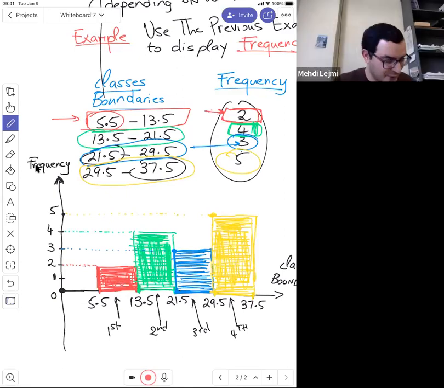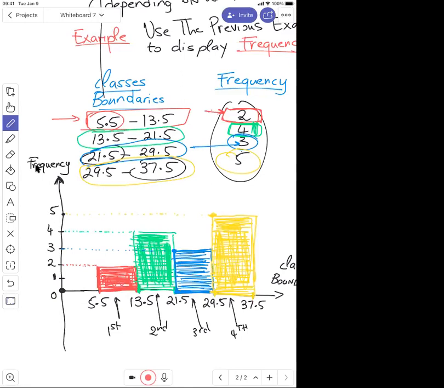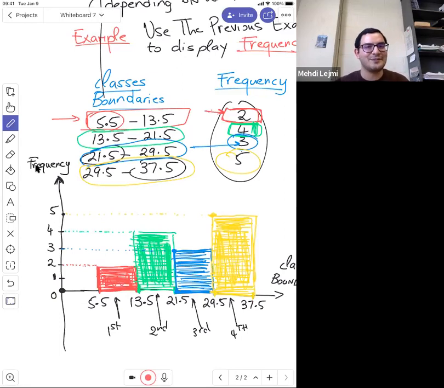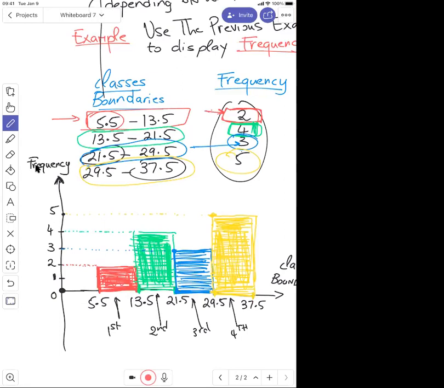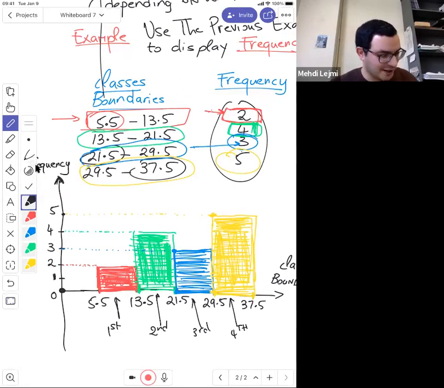That's a very good question, because that's why we compute these class boundaries. The numbers always overlap. They always have a double. So 13.5, 13.5, 21.5 twice.